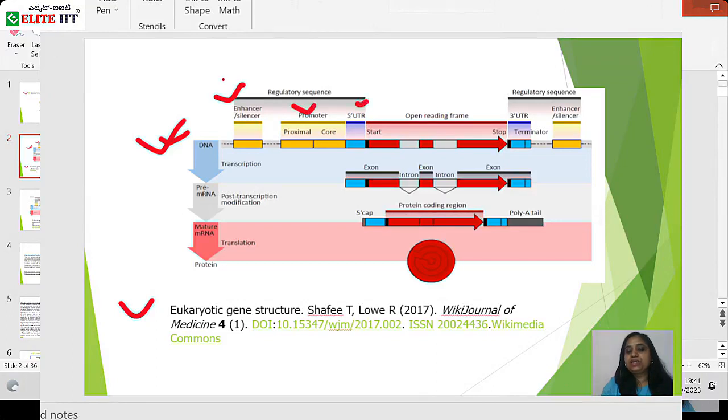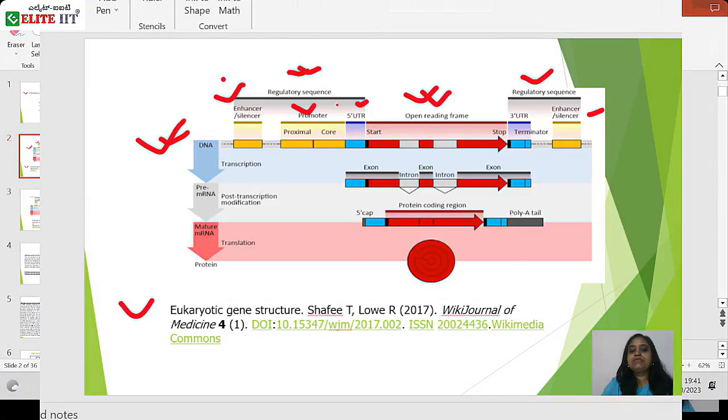These come under regulatory sequences. Then one open reading frame is there. In the open reading frame, only intron and exon are present. Then again some regulatory sequences including UTR region and enhancer or silencer region.